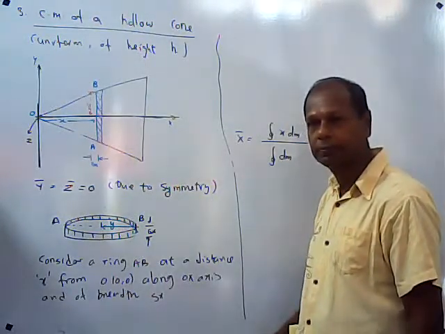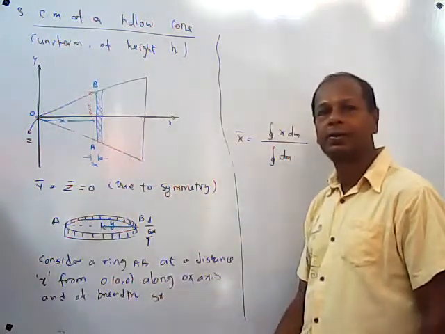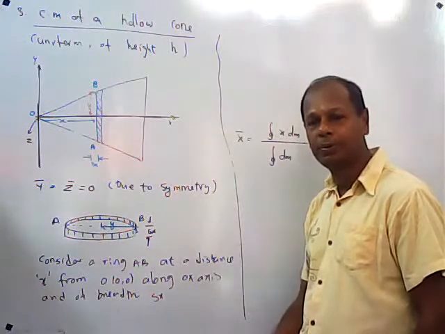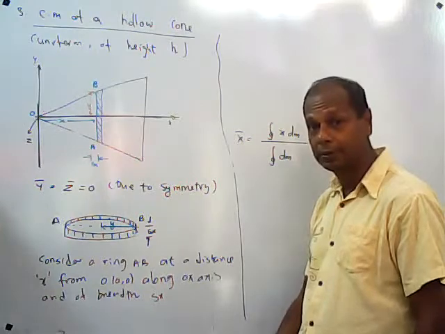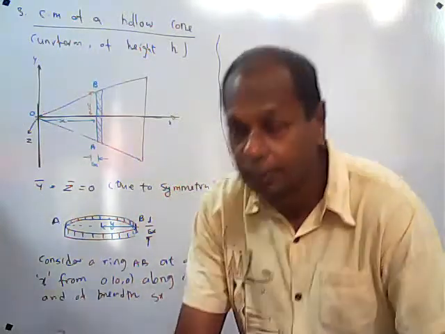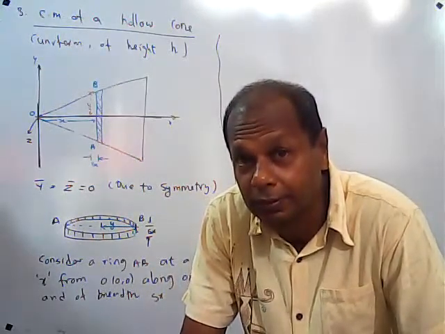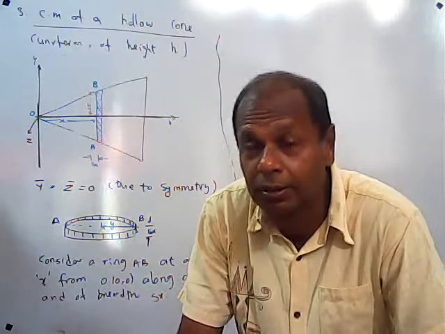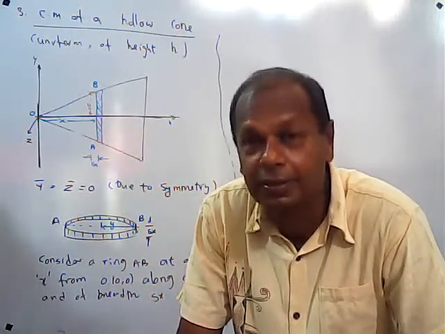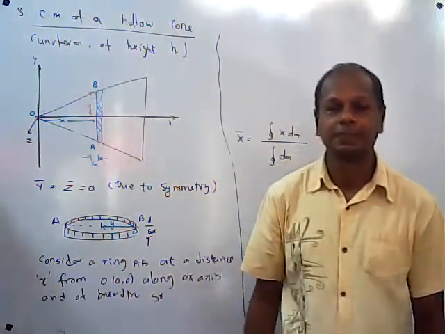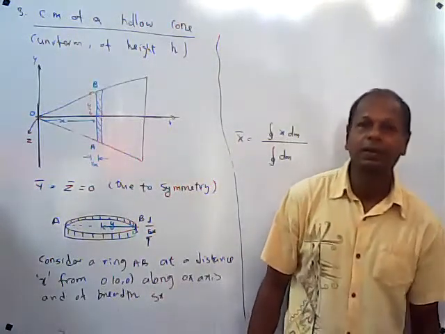In fact, delta m is the mass of this ring. So its mass depends upon what? The surface density. Before that, the mass of the ring is determined by what?